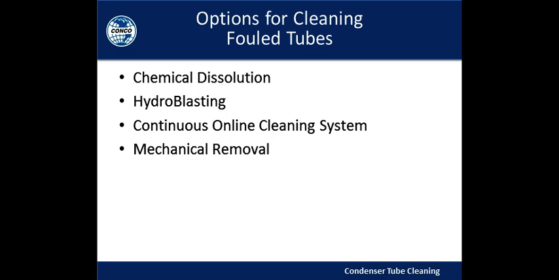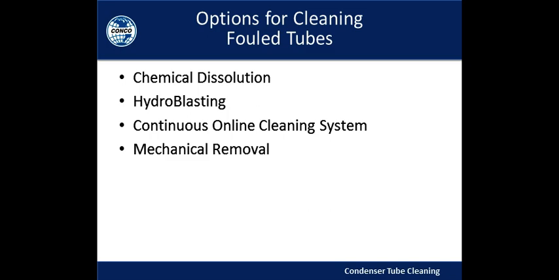But I would argue that in addition to the chemical cleaning, you may wish to have a high volume of water for neutralizing the chemical and removing it from the ID of the tube, as well as putting a tube cleaner through there to remove the residual deposits. So two things are accomplished when you do that. One, you neutralize the chemical, so there's no threat of any acid attack going forward.